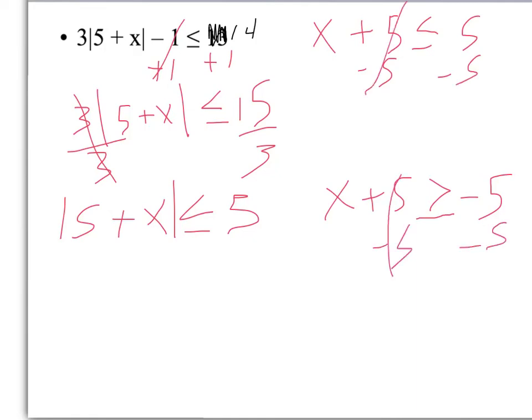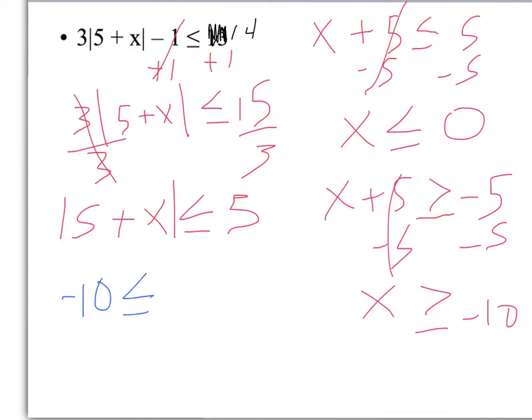Okay, so then my answers are x is less than or equal to 0, and x is greater than or equal to negative 10, which we would write as, see, the smaller number is negative 10, less than or equal to x, less than or equal to, the bigger number is negative 5.